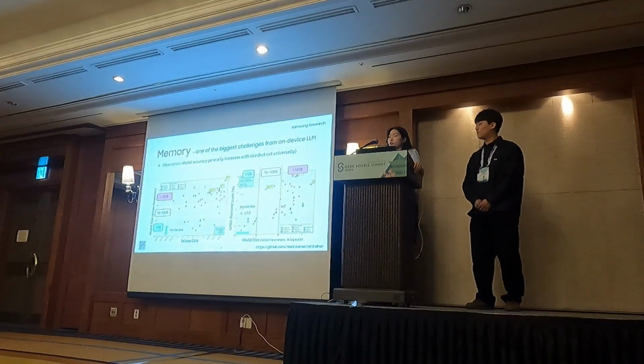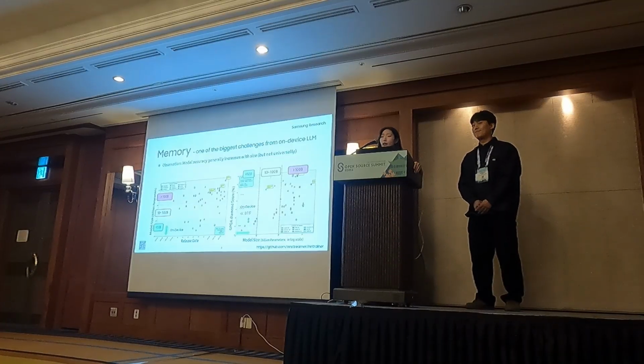So let's take a closer look at the memory challenges. If you look at these two graphs, two things stand out. First, super large language models keep being released, and critically, those larger models are generally more accurate. But this brings us back to our reality.